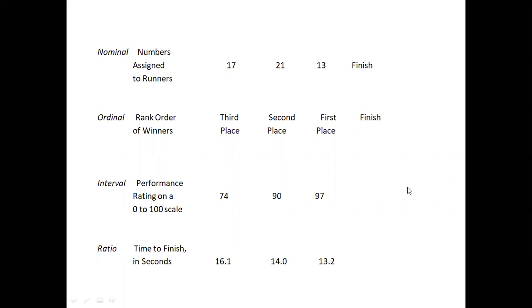This scale helps you in telling that Kasim stood first because he traveled the distance of 100 meters within that time. How much? Whereas in ordinal we were telling only first rank, second rank and third rank. Got it? Got the difference? The interval scale tells you what the number is and why that number occurred, because he traveled within that time, she traveled within that time. These are called interval scales.